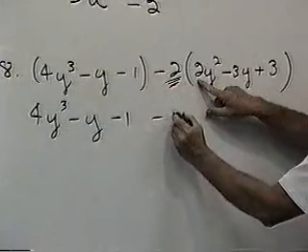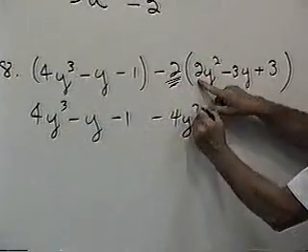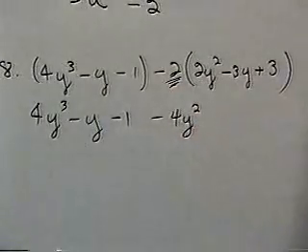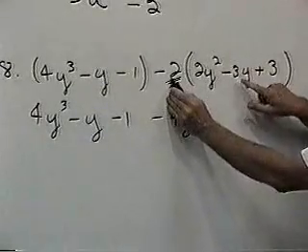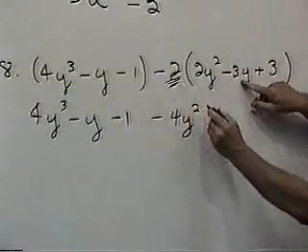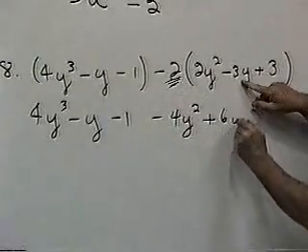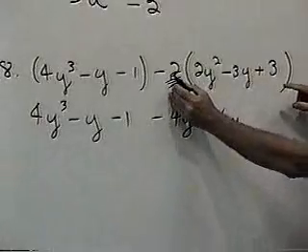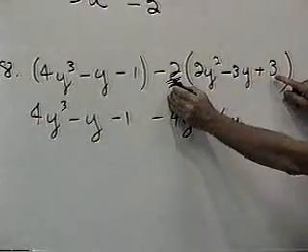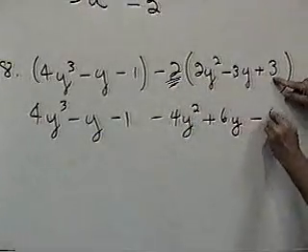That's a minus 4 of the y squared terms. Now, what is a minus 2 times a minus 3? That's a plus 6 y's. And what is a minus 2 times a plus 3? That's a minus 6.